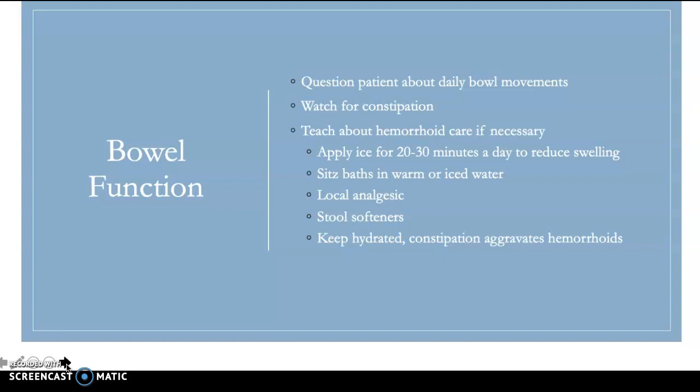So apply ice right after to reduce swelling, and then sitz baths. We're going to give local analgesic, which is the witch hazel spray that we can offer them, and like I said, stool softeners. We want to make sure they stay hydrated, not only to keep her breast milk supply enough for her baby, but also because constipation will aggravate hemorrhoids.